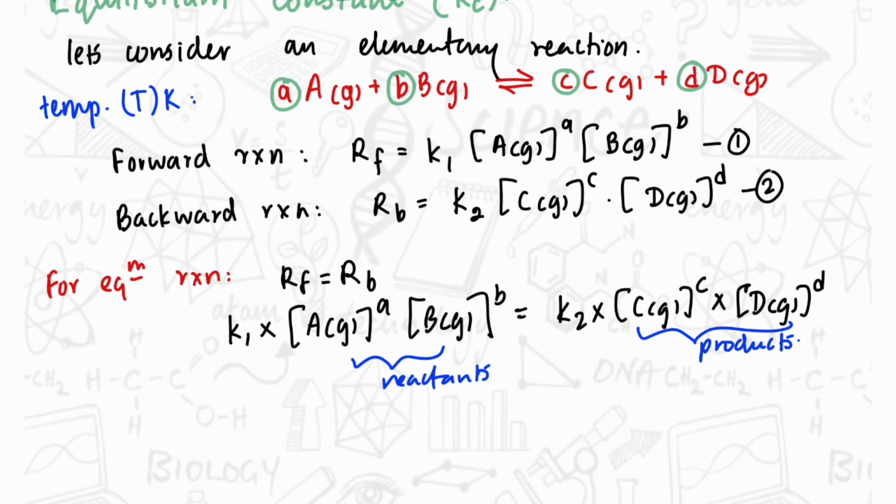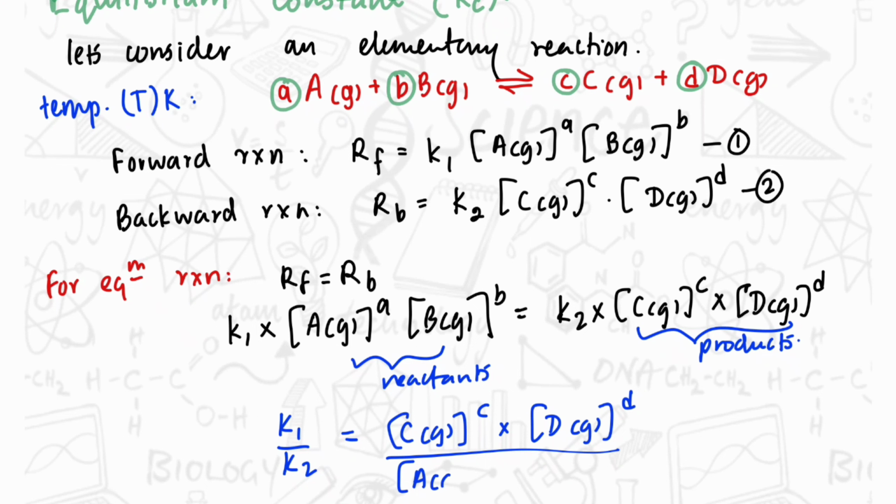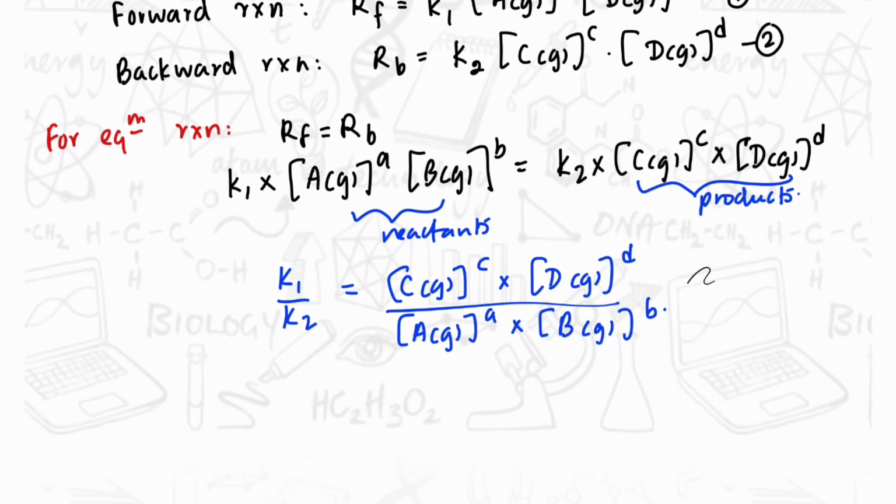According to the equilibrium law, it should be the ratio between the products and the reactants. So if we take K1 over K2, we get [C]^c [D]^d divided by [A]^a [B]^b, and this will be equal to Kc.